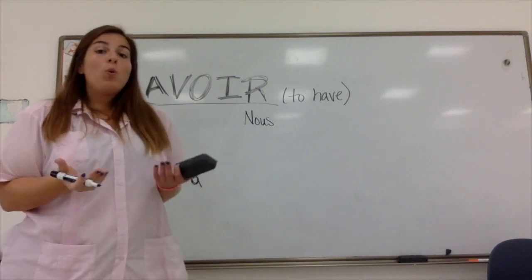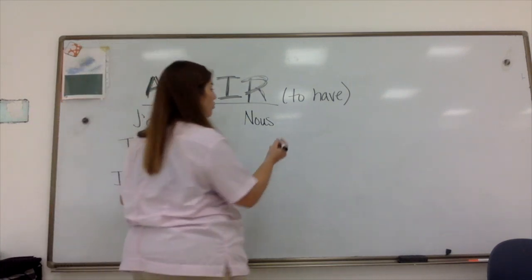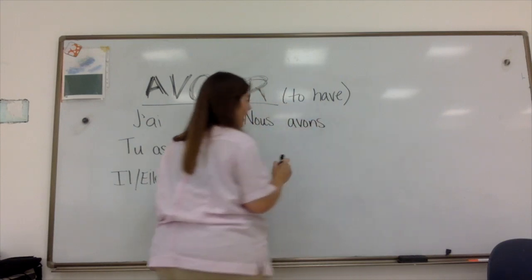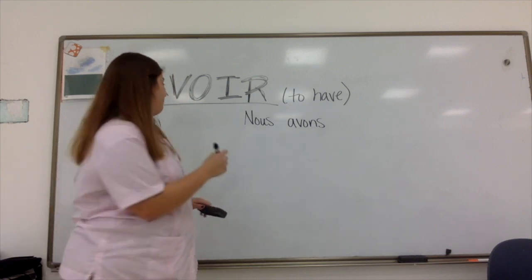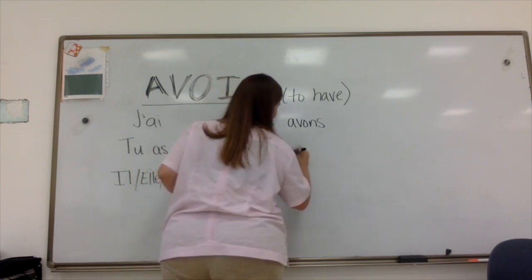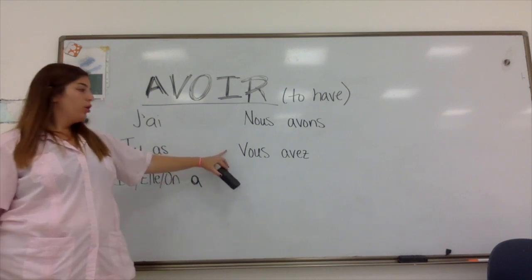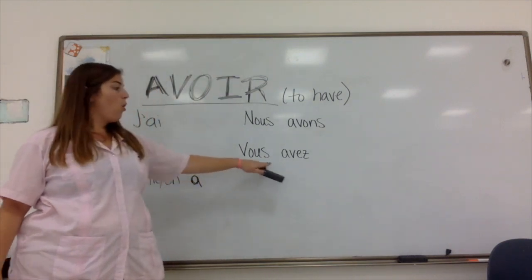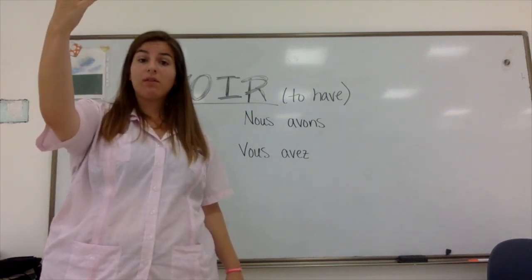Now, if I want to say we have a sister, we're going to say nous avons une sœur. Nous avons. Okay? That's A-V-O-N-S. Nous avons. Vous avez. Okay? Vous avez. You, plural, have a sister. Or you, a person who I respect, who maybe is a person of authority.